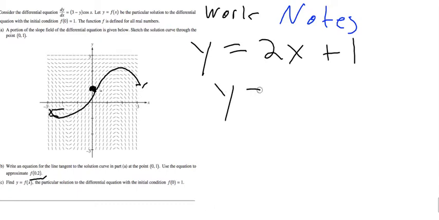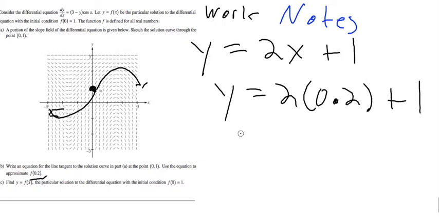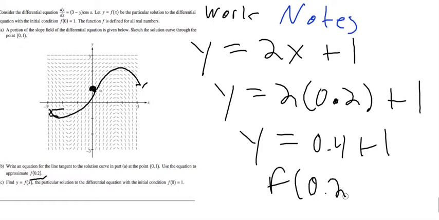So in goes 0.2 as our x value. Let's not forget to add 1. 2 times 0.2 is 0.4, and we're going to add 1 to that. What we got is f(0.2) is approximately 1.4.